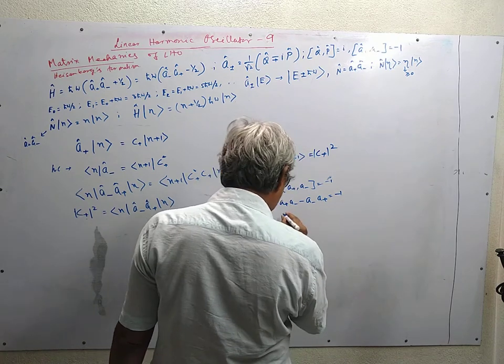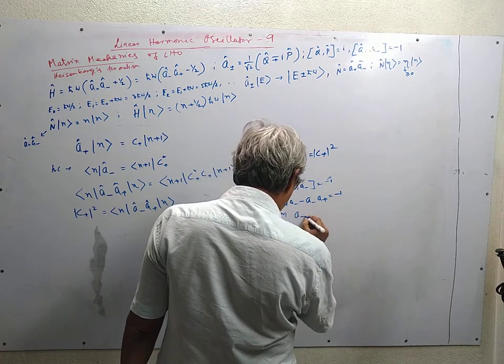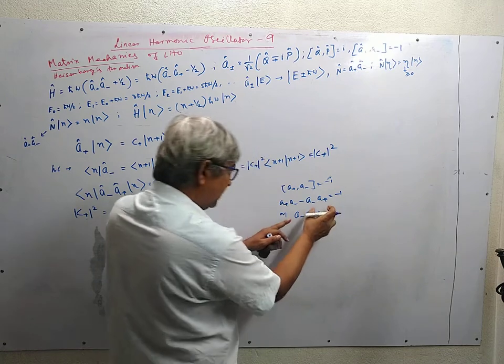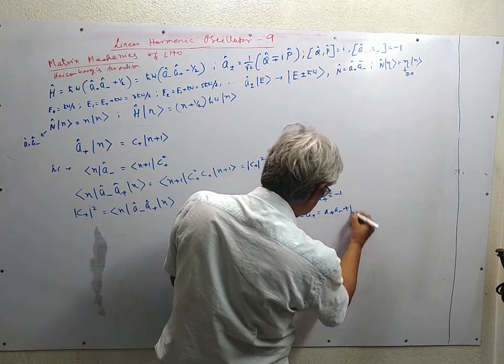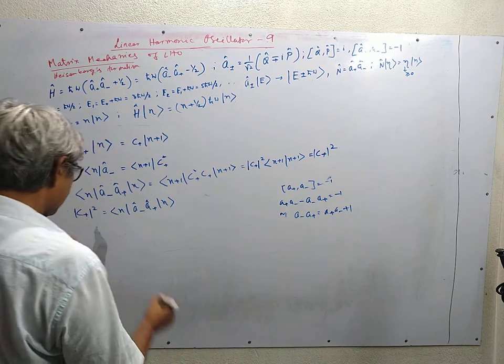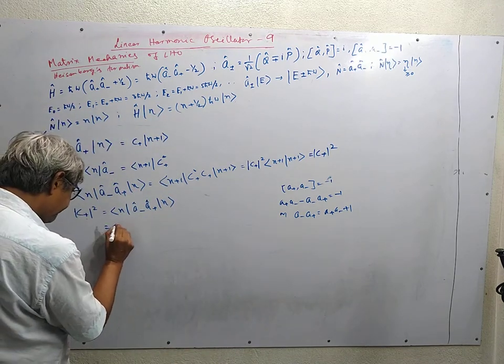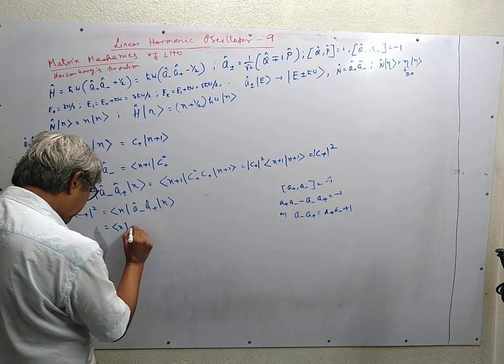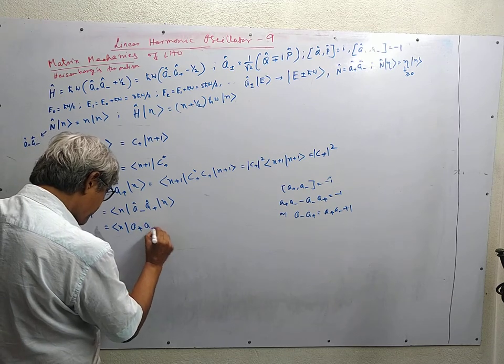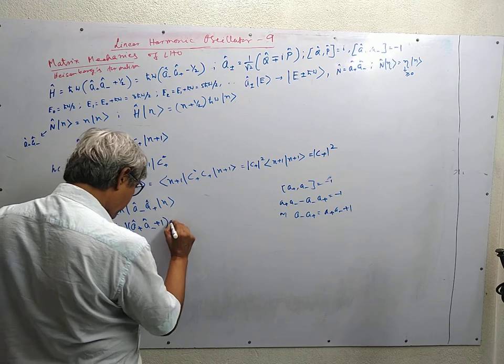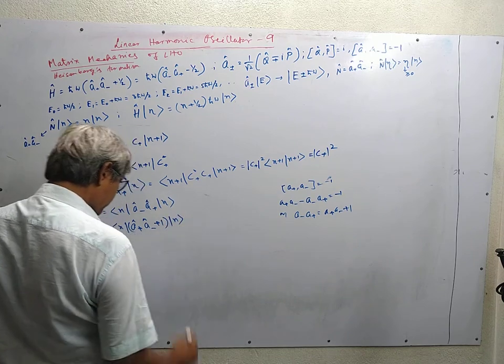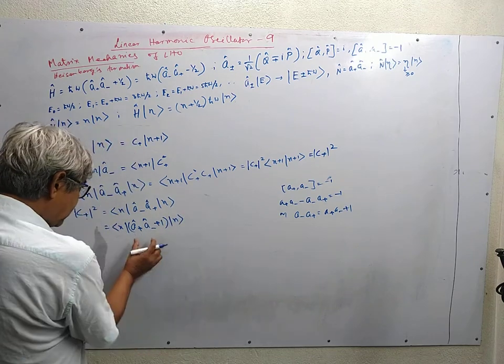If we take it to the other side, we will have A minus A plus is equal to A plus A minus plus 1. So this relation becomes, now this is the number operator.